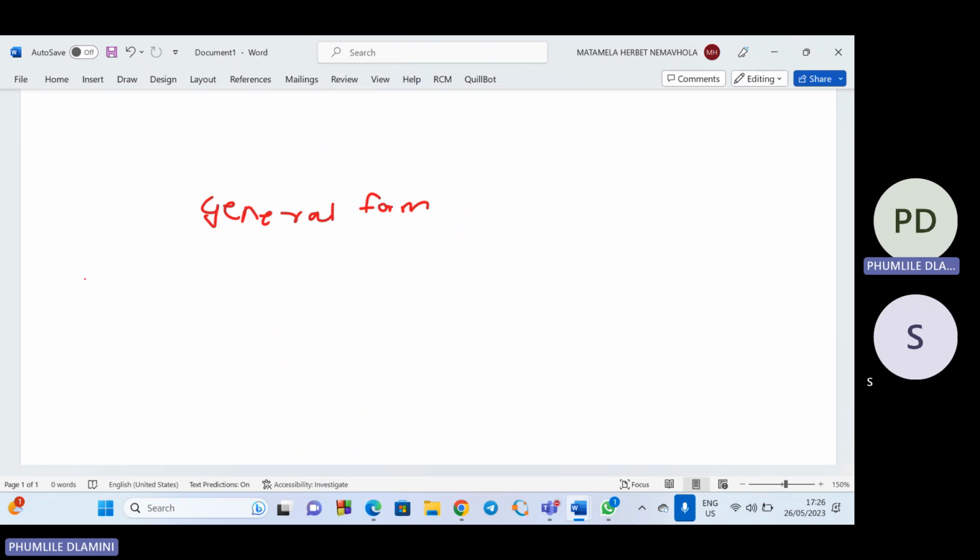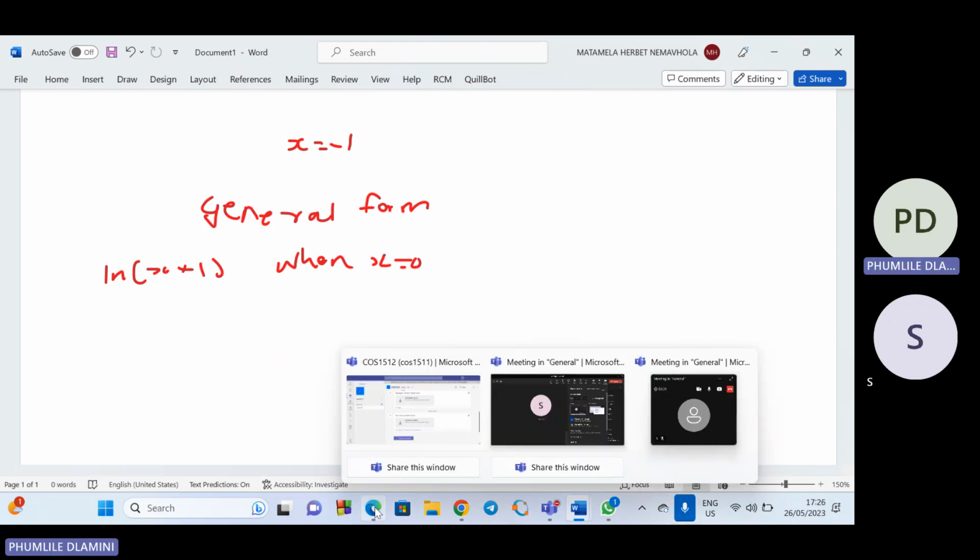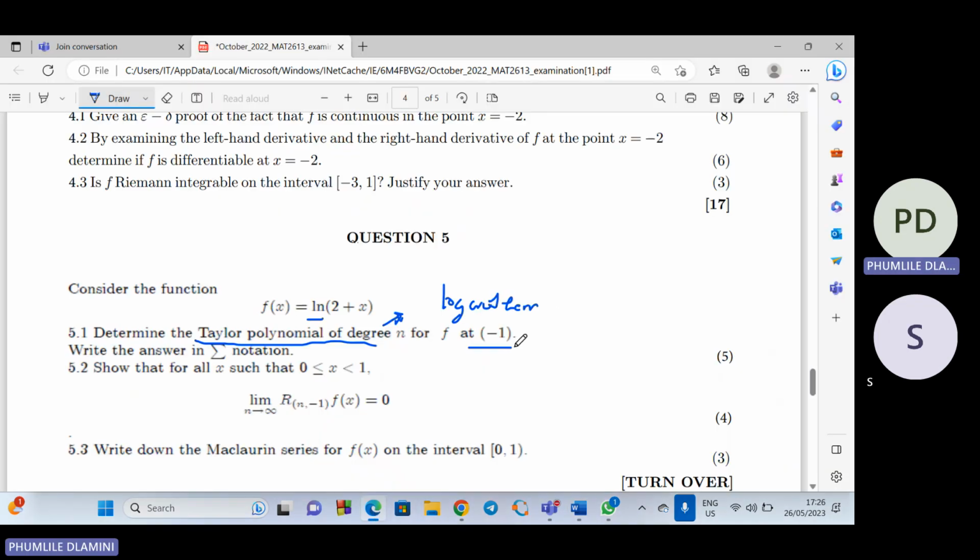We have a standard one for ln, which is ln of x plus 1, where x equals 0. In the question that we were doing, we are given when x equals -1, as you can see it's written f at -1.